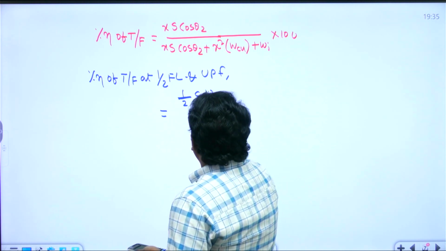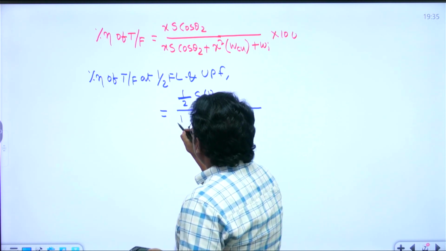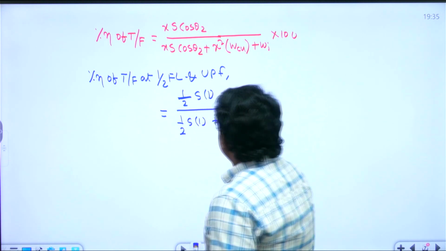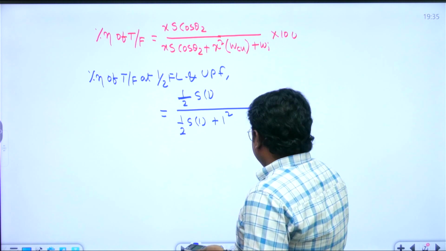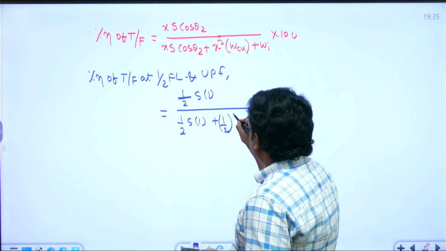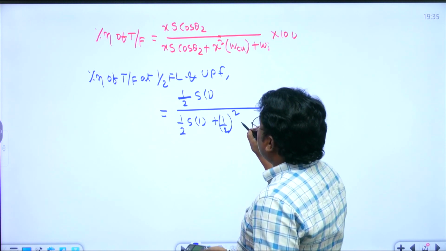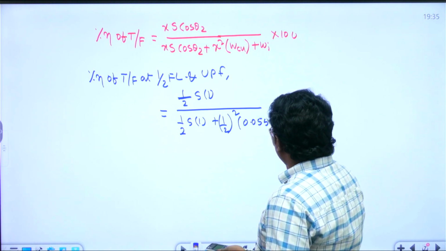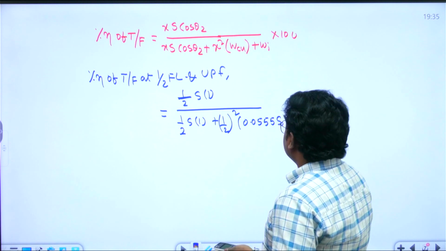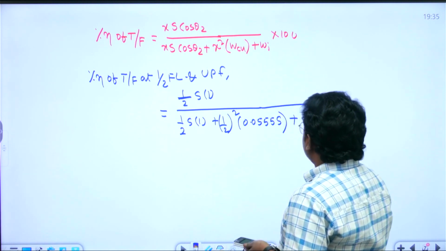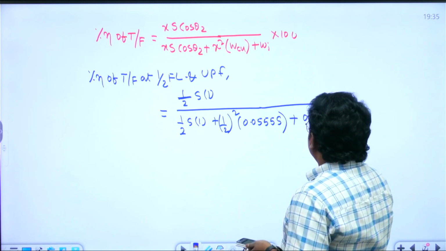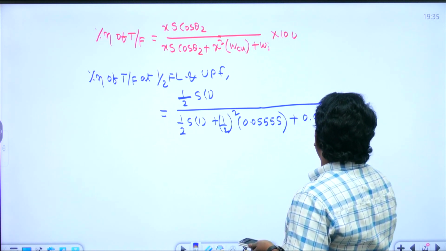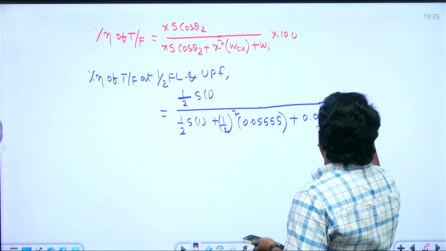So now we have 1 by 2 S into 1, divided by 1 by 2 S into 1 plus (1 by 2) square into the full load copper losses, 0.0555 S, plus iron losses, 0.0555 S, multiplied by 100.